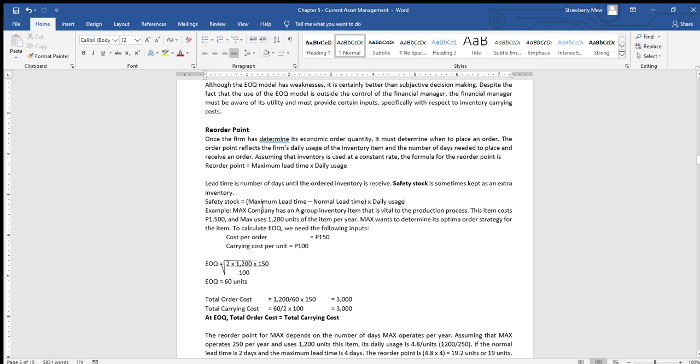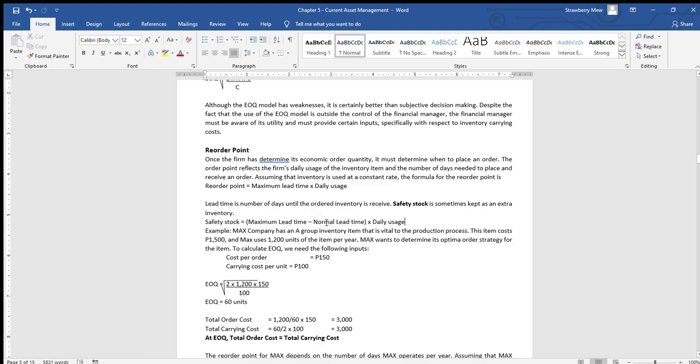So, kapag na-compute natin yung safety stock, it just provides an inventory kung sakali mang hindi darating yung in-order natin in its normal time. Kaya na-deduct yung normal lead time sa maximum lead time.